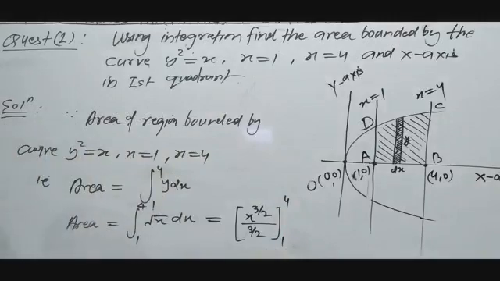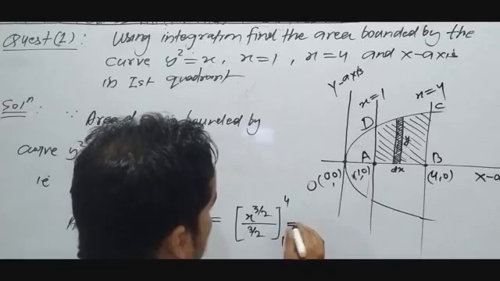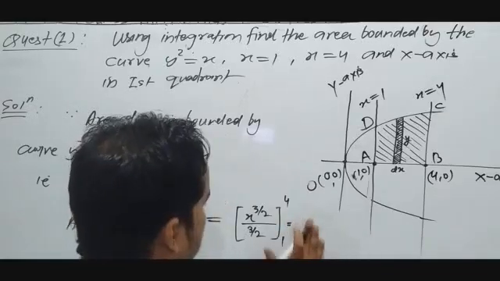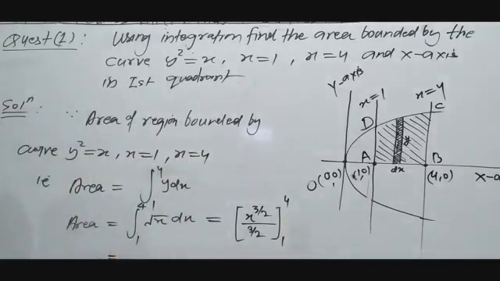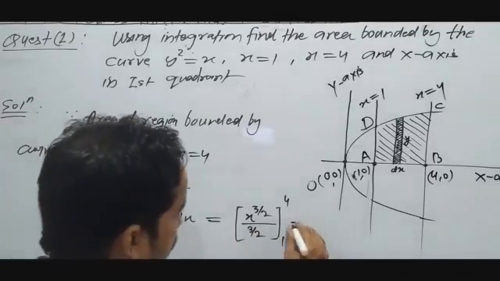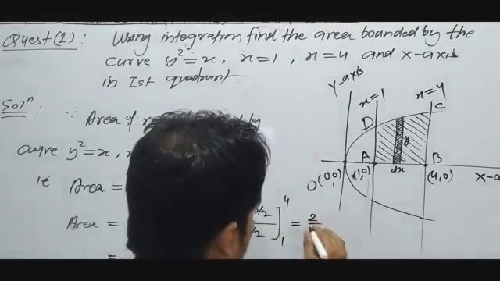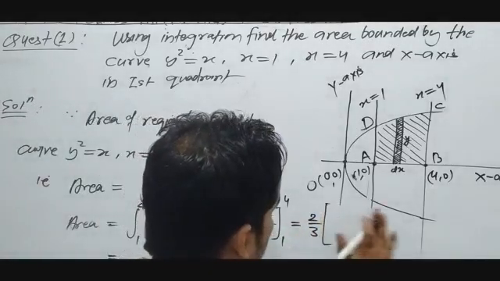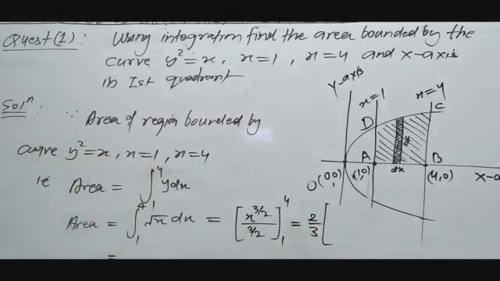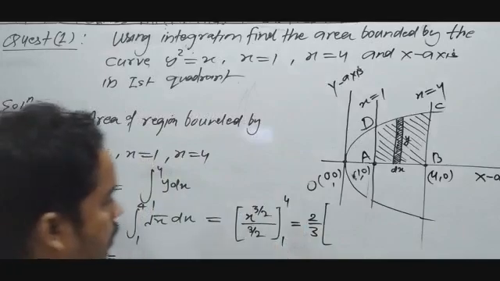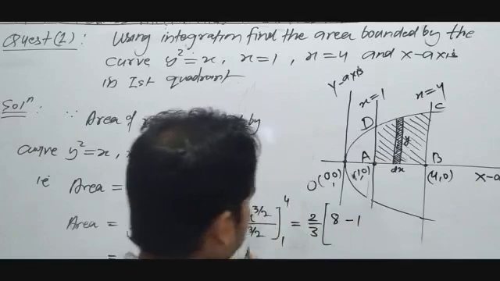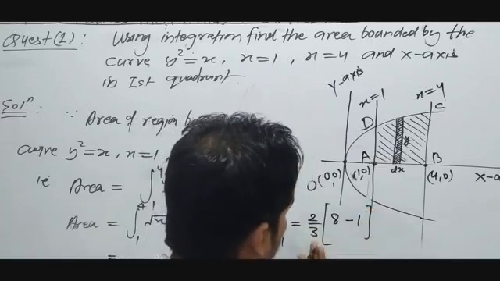Now put its value. 2 by 3 is constant, that will be outside the integral. So I am writing here 2 by 3 times: upper limit, when you put x is equal to 4 you get 8, minus lower limit, when you put x is equal to 1 you get 1.